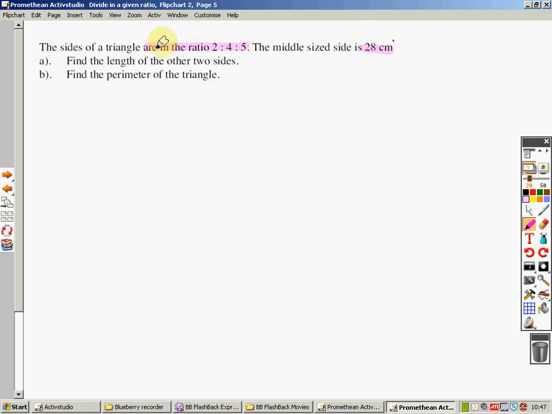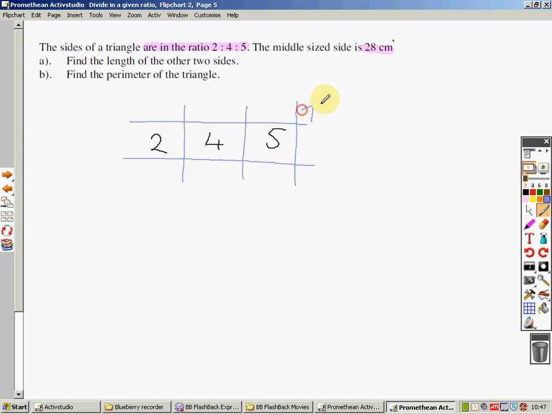Okay, it's this bit here that tells me, yet again, dividing in a given ratio. So, use my technique, which should be familiar by now. 2, 4, 5. Draw my grid around that. Let's have a total.